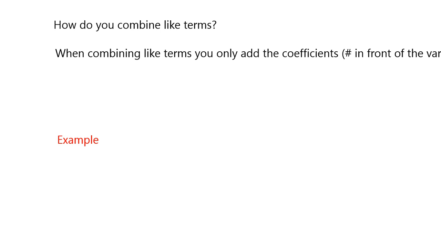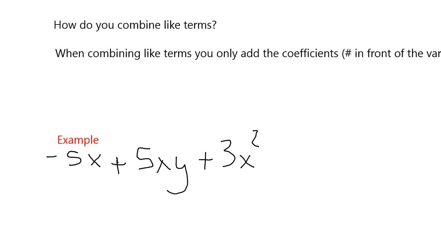So we're going to do an example. If I have negative 5x plus 5xy plus 3x squared y minus 7xy plus 3x, I'm going to combine like terms.